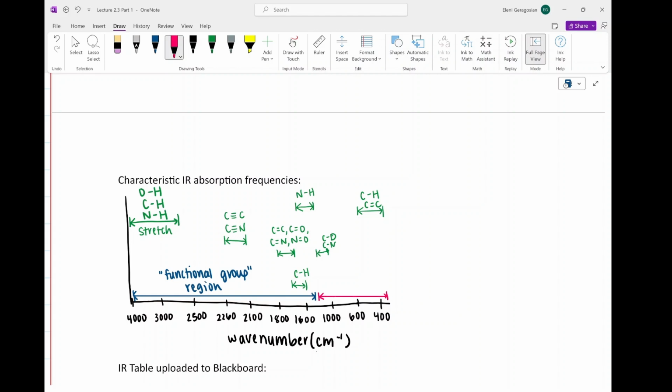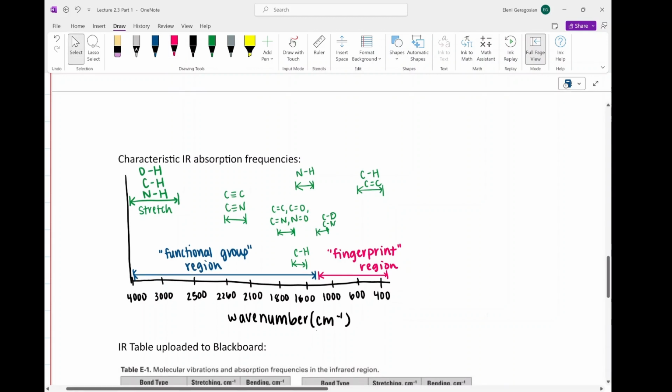I'm not saying that everything with wave numbers lower than 1500 is not useful, but generally what's higher than 1500 is useful. And this is referred to as the fingerprint region. Like I mentioned, there are a lot of overlapping peaks in this area that can make it hard to analyze.